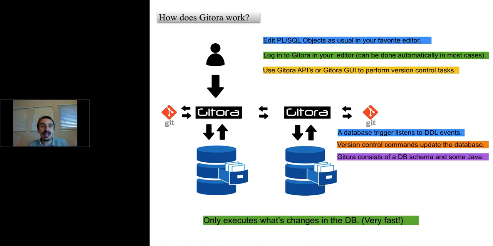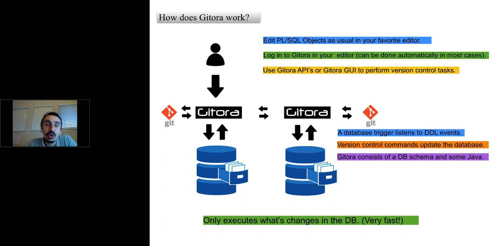So if you're really lazy and don't want any additional burden, even just executing one line of code every now and then, you can set this up in a way that you just log into your system as usual. There is a login trigger in the database that recognizes who you are and logs you into Gitora automatically. So not even that's necessary.